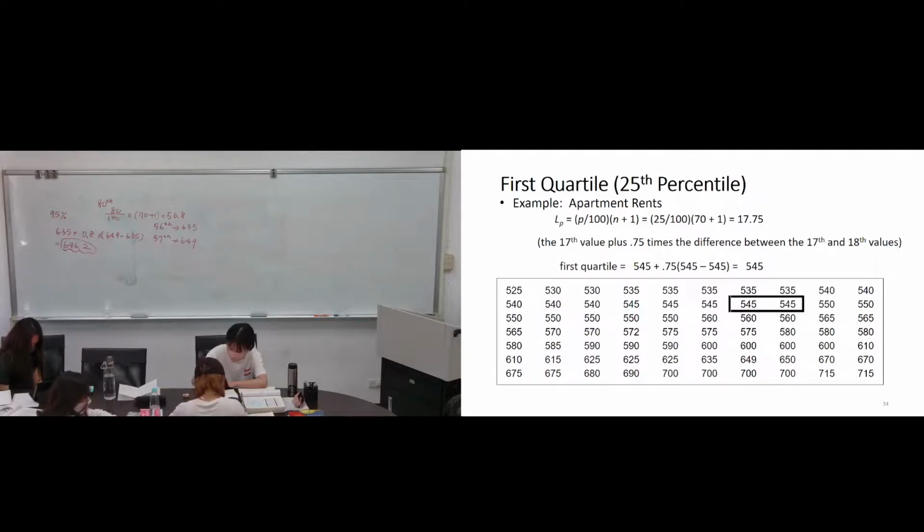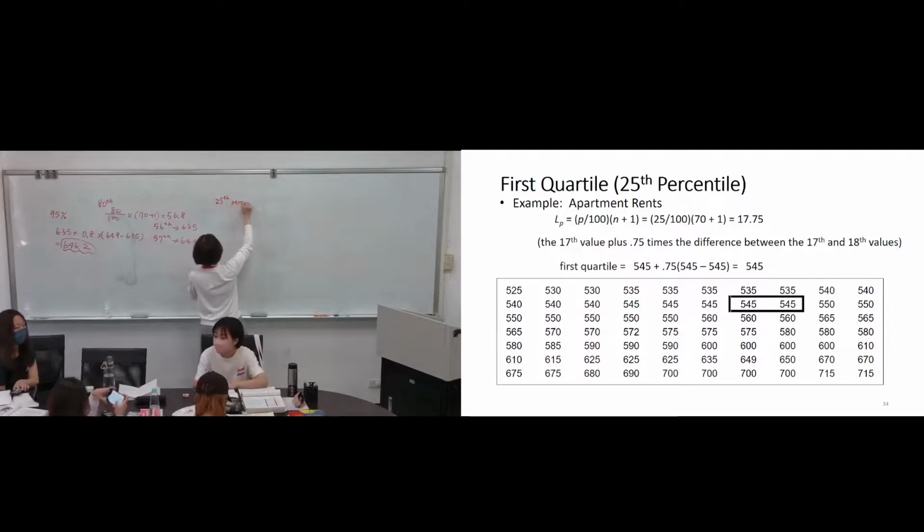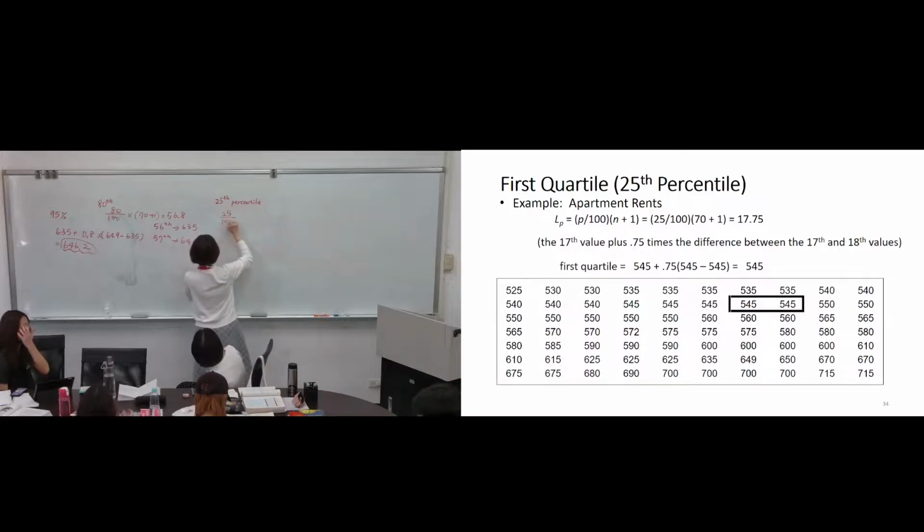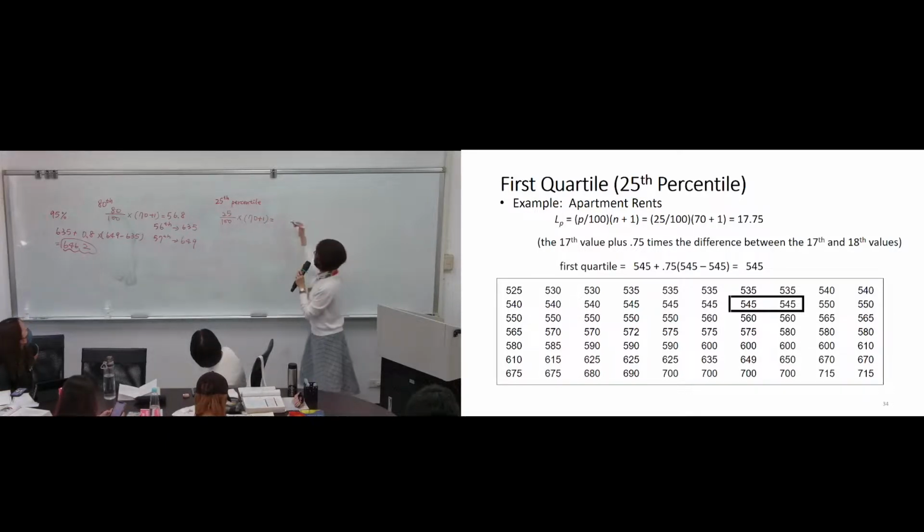So back to the apartment rent. How do we find the 25th percentile? In other words, that's the first quartile. How do we find that? By using the formula for the 25th percentile, we divide 25 by 100 and multiply it by 70 plus 1, which is 17.75.